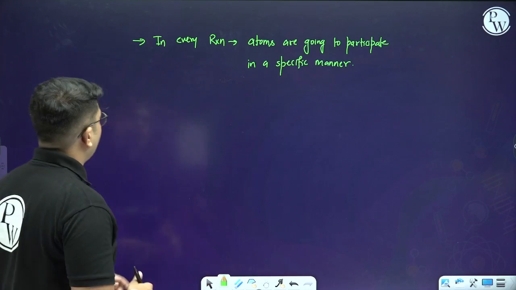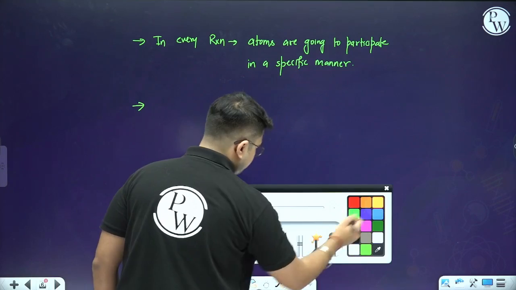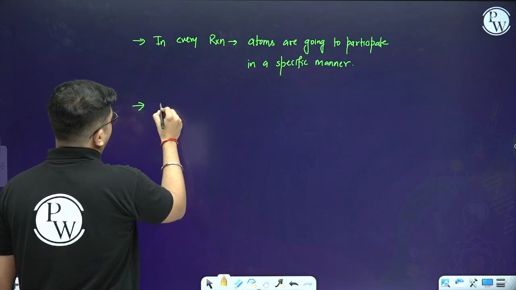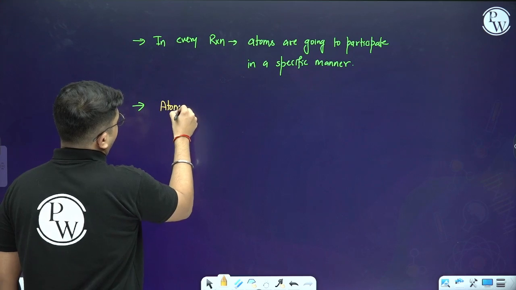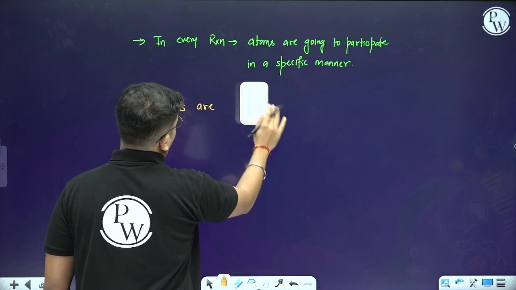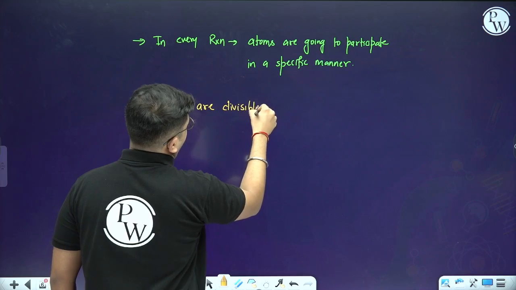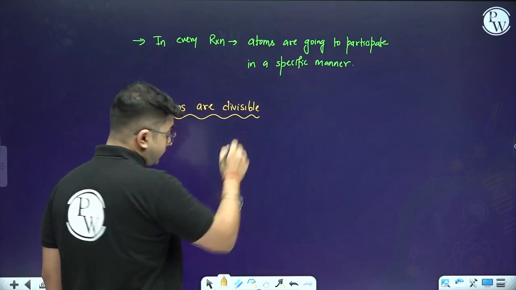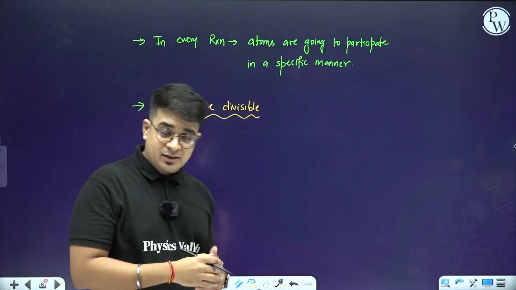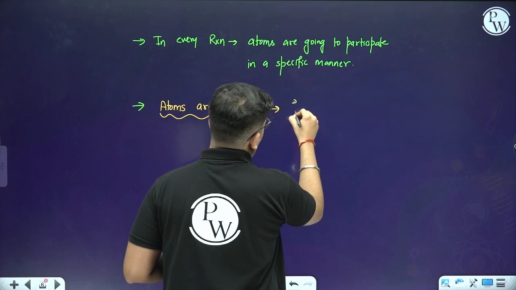But again, we know there are certain limitations also. If I talk about the limitations, we can say that atoms are divisible. Atoms are divisible because research as well as experimentation shows that we have some fundamental particles.